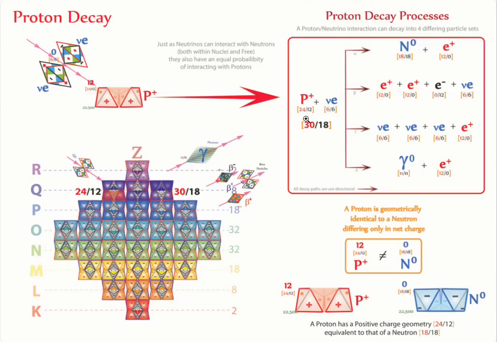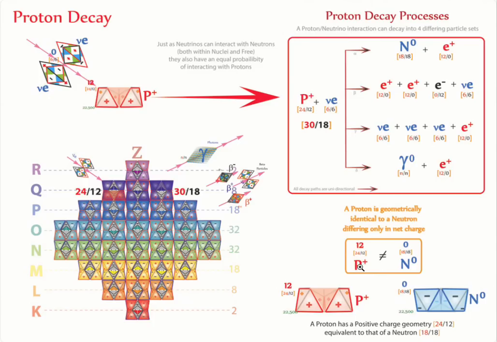And again, we have 18 where protons interact with neutrinos, and we have a number of different decay paths that are possible from that process. Most of this interaction takes place within the nuclei itself and results in beta and gamma decay paths.